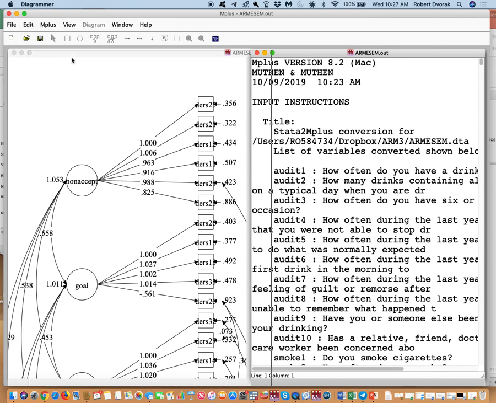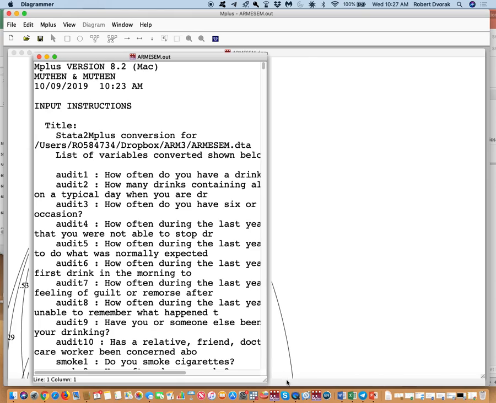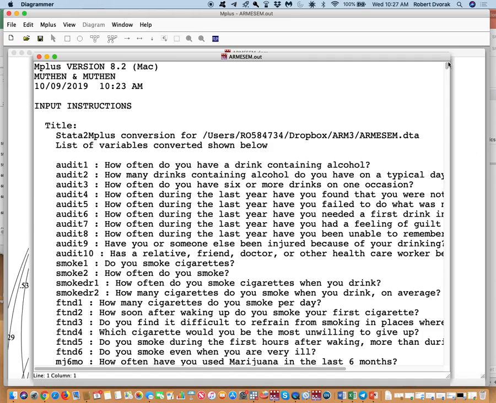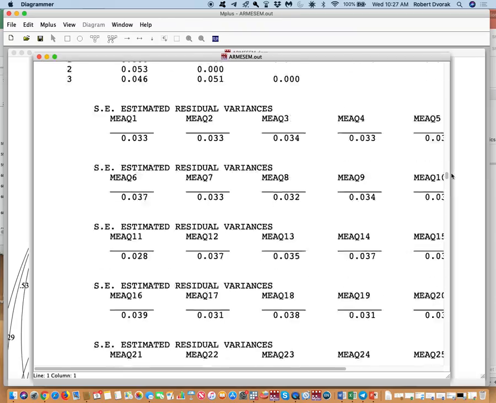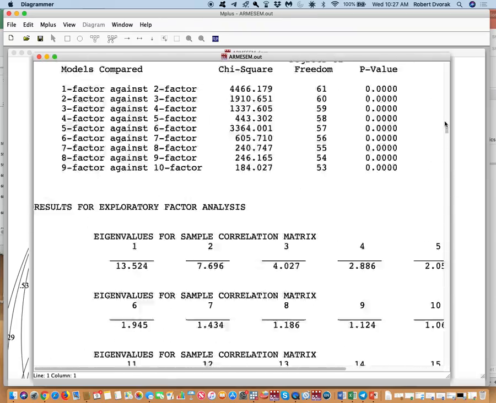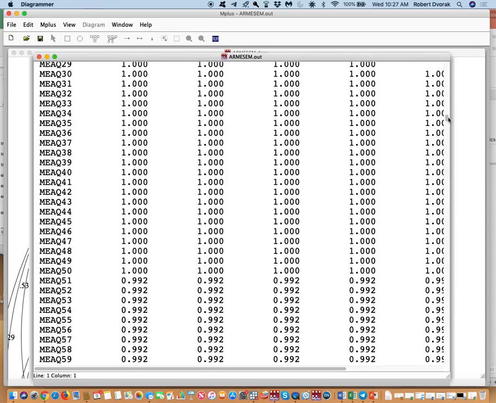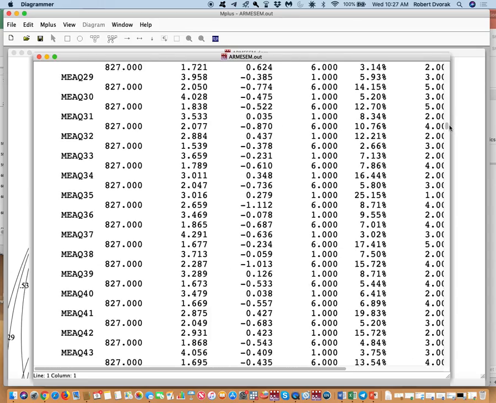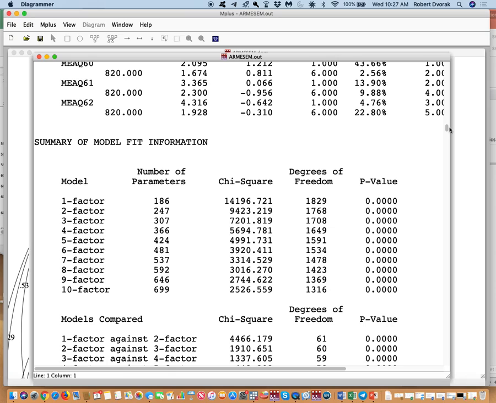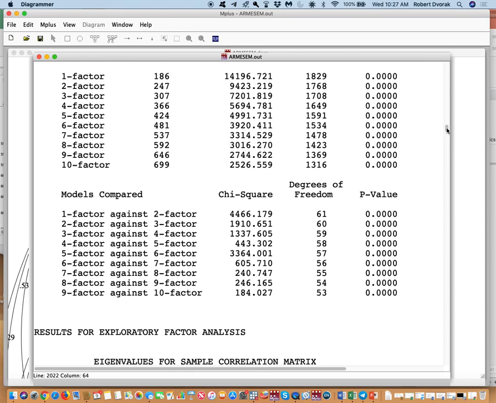All right. So let's have a look at this EFA. Whoop! I jumped way past it. All right, so we start by looking at our, here's our chi-square for all of our models, right?